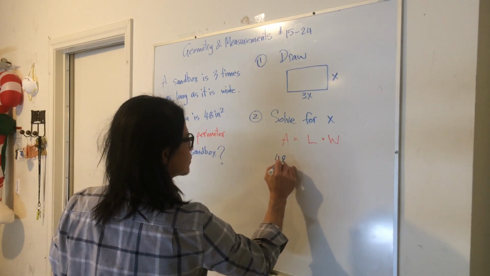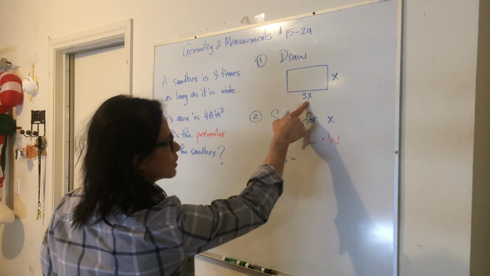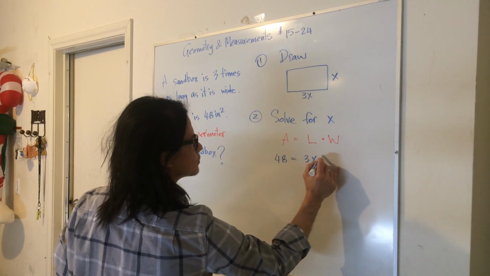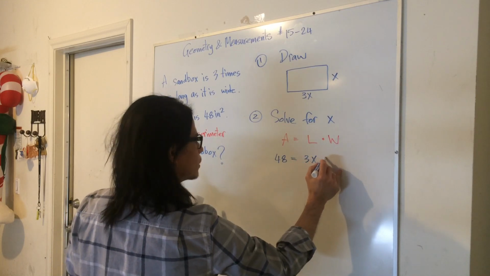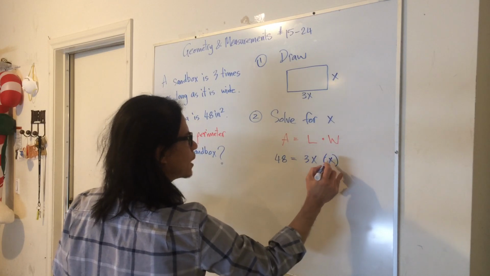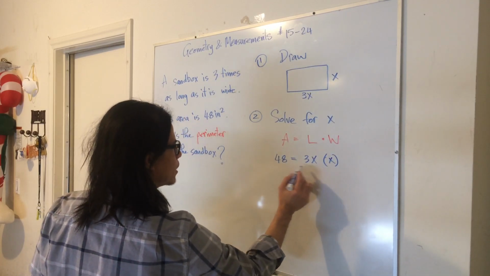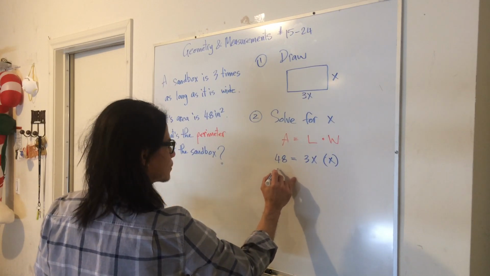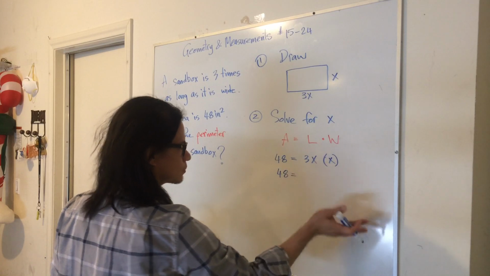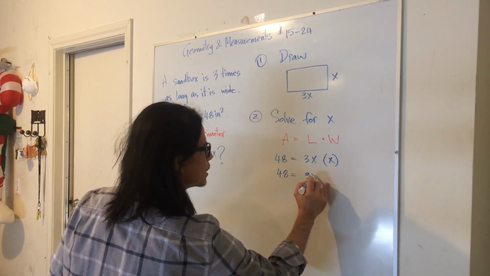So 48 is equal to the length, which we don't know, but we know it's 3x, times the width, which is x. So we multiply 3x times x. So 48 is equal to 3x times x, so we have 3x squared.